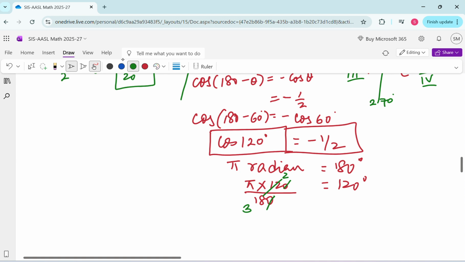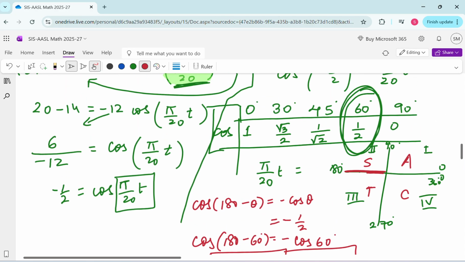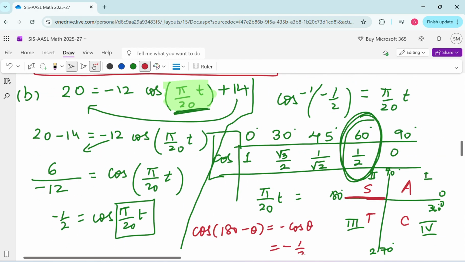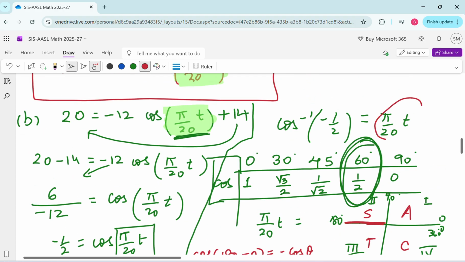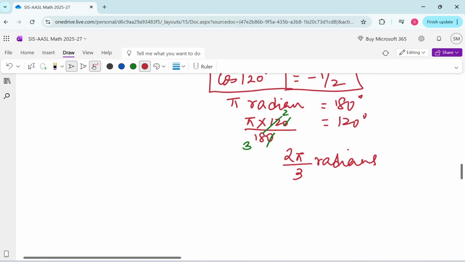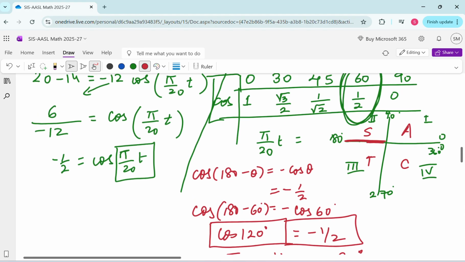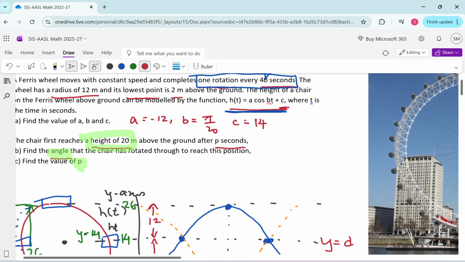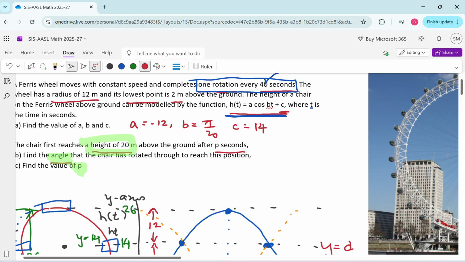It will be 2 pi by 3 radians, and that will be the answer, because we wanted pi by 20t and we just got it. Pi by 20t, which is our angle, is 2 pi by 3 radians. We have to be very careful because in this question we are dealing with radians, so we got to write the final answer in terms of radians.